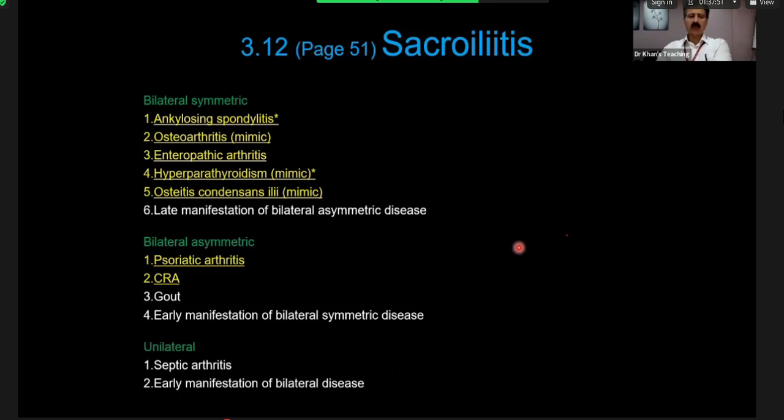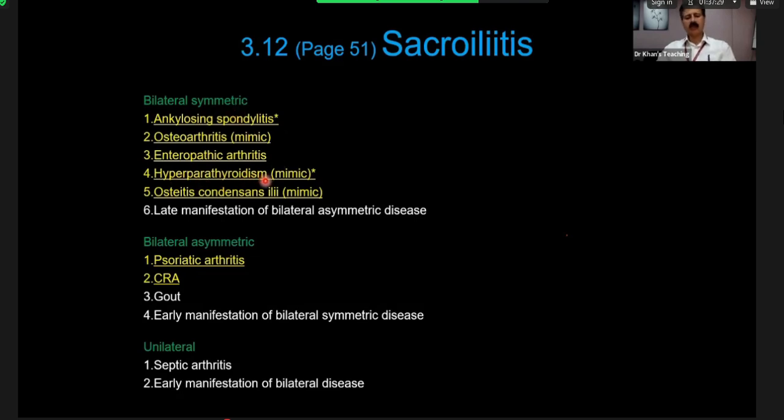Now, in sacroiliitis, it can be bilateral symmetrical, it can be bilateral asymmetrical, and it can be unilateral. So ankylosing spondylitis, for example, is bilateral symmetrical. I want to warn you about these two.